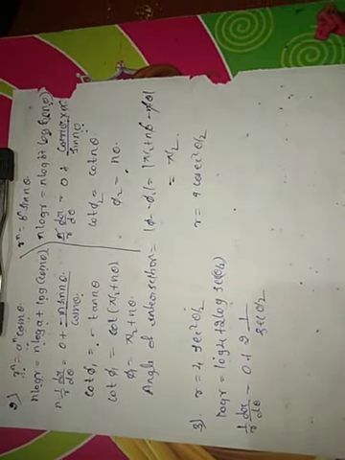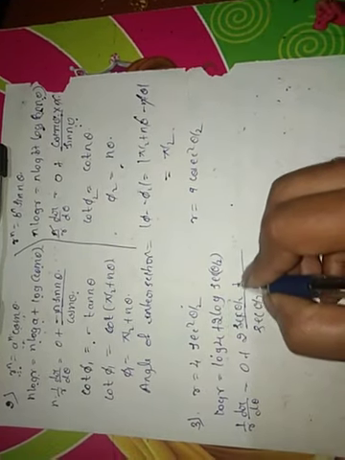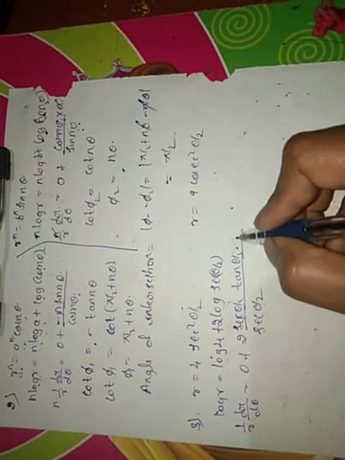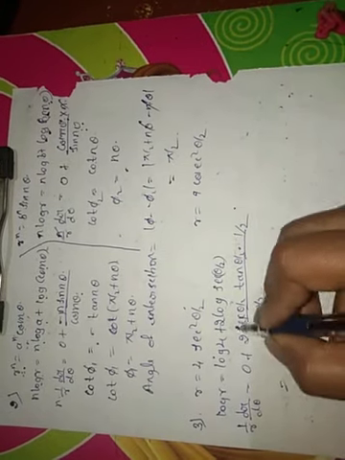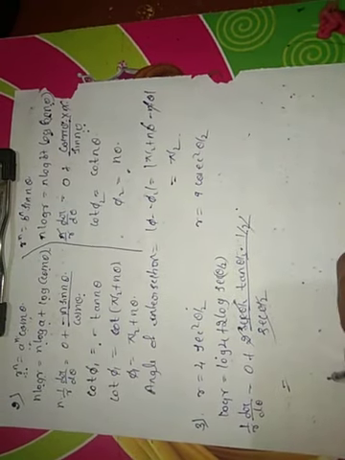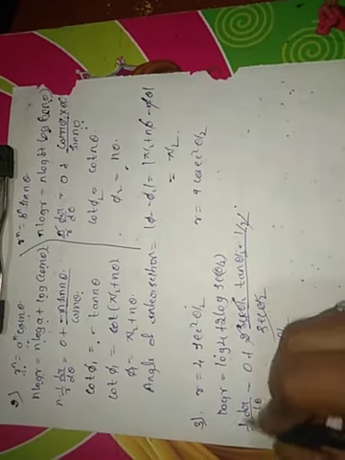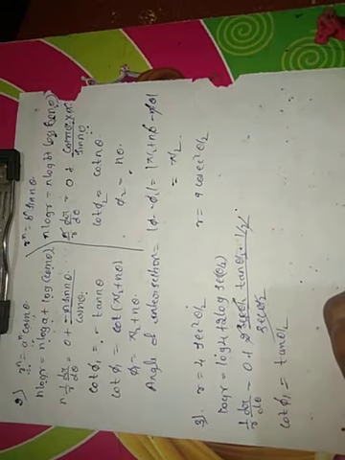The derivative of sec theta by 2 is sec theta by 2 into tan theta by 2 into the derivative of theta by 2, which is 1 by 2. The 2 cancels, sec cancels, and tan theta by 2 equals 1 by r dr by d theta, which is nothing but cot of phi 1.